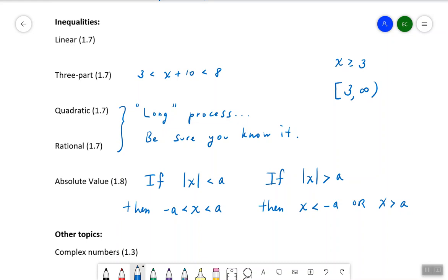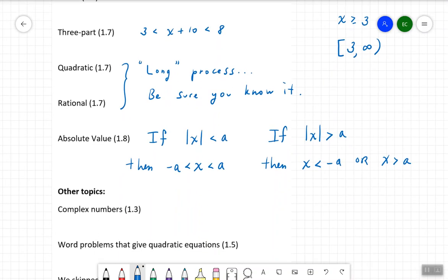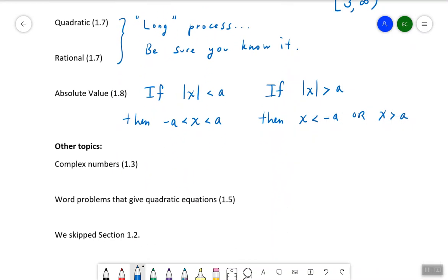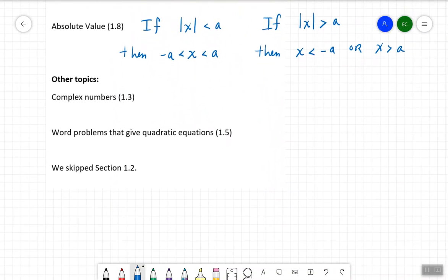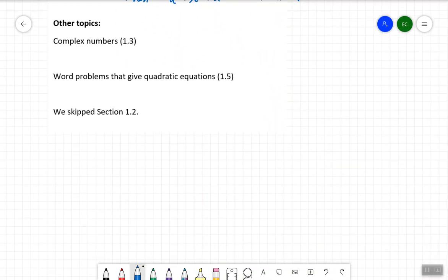But remember, you were writing all of your solutions for the homework in interval notation, so you should expect to do that again on the exam. Okay, a couple more topics. We talked about complex numbers in section 1.3.